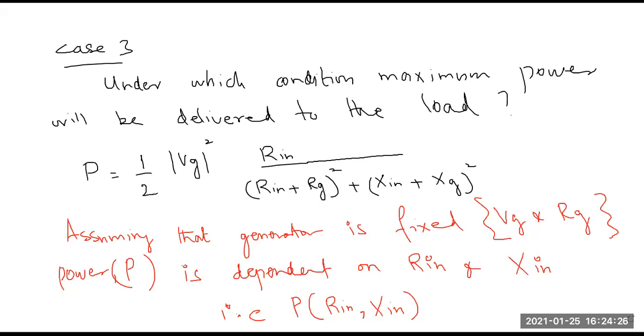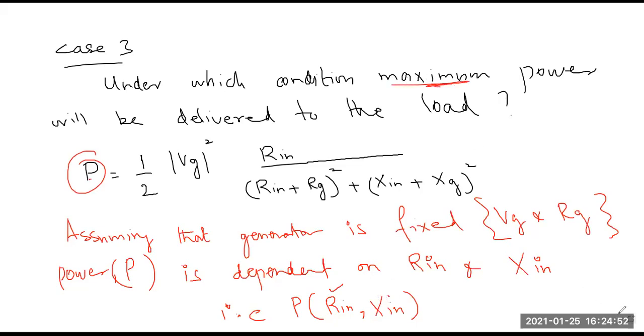Right now, we are interested in finding out the values of Rn and Xn for which this power becomes maximum. So I will take the derivative of P with respect to Rn, and the derivative of power with respect to Xn, and equate it equal to 0. And from that equality, I will be able to find out the condition for maximum power.